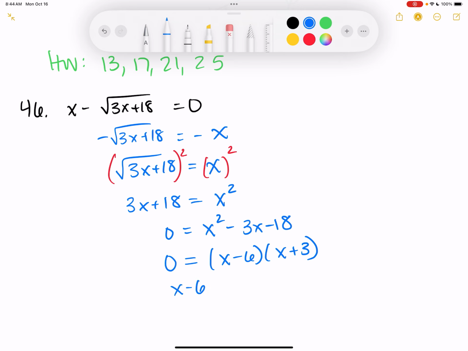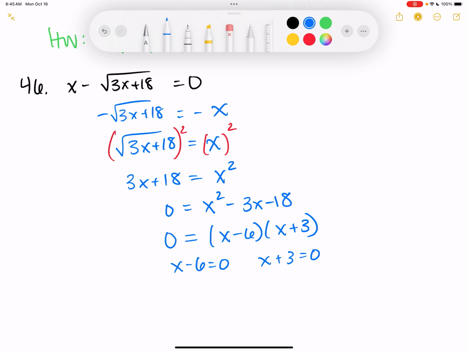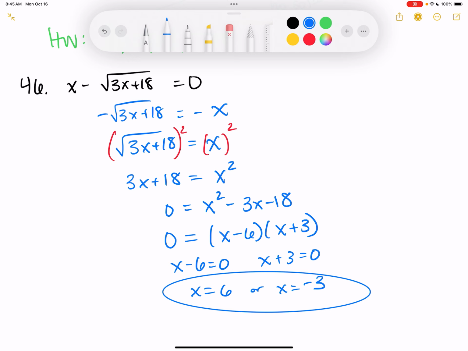So x minus 6 equals 0, x plus 3 equals 0. So then x equals 6 or x equals negative 3. Obviously it can't be both at the same time. So the only new stuff is this first little chunk here, and once we get past that, we're just back to normal solving and factoring.